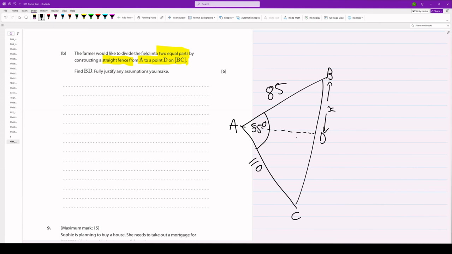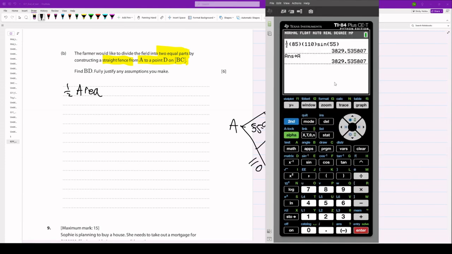Well, if I know that it's exactly half of the area, then I now know the area that I'm looking for. Half of the total area is, using my calculator, half, not 1/5, 1/2, multiplied by A. 1914.